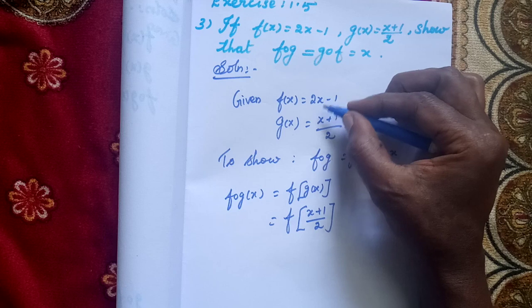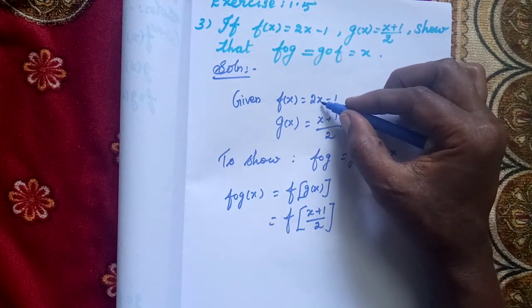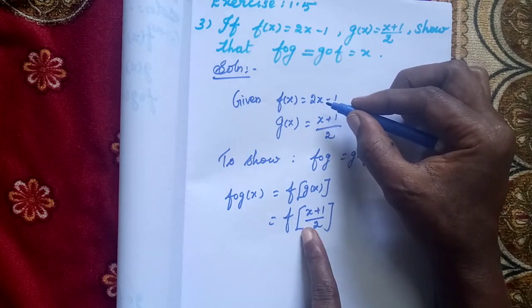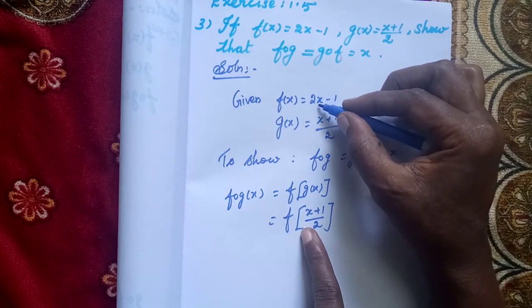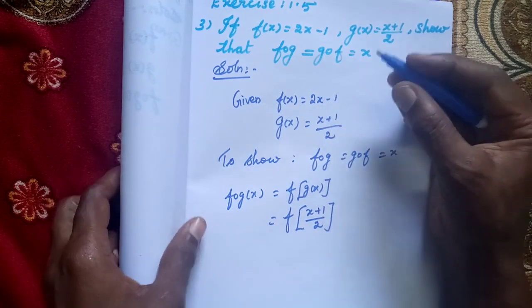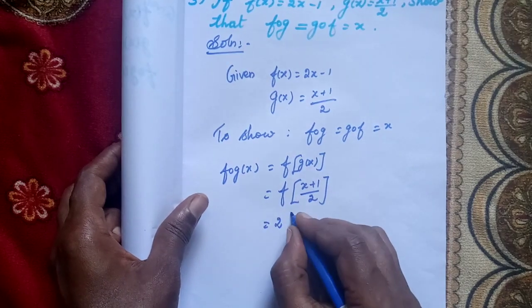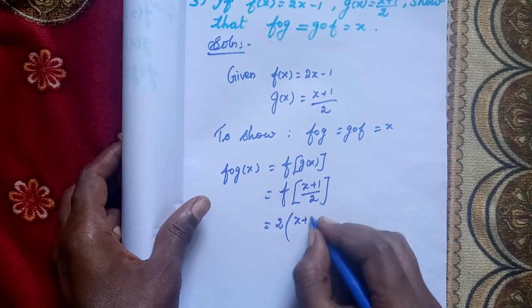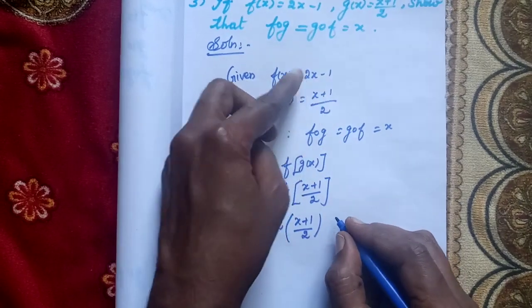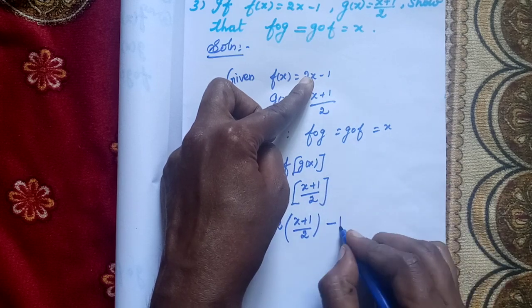Next, what is f of x? 2x minus 1. But we have to find out f of (x plus 1) by 2. Here x in place, we have to substitute (x plus 1) by 2. So what will we get? Is equal to 2 into (x plus 1) by 2 minus 1.